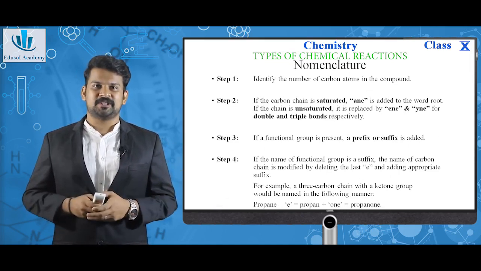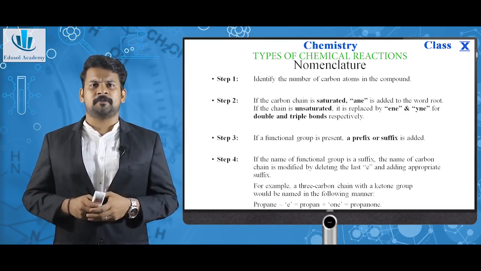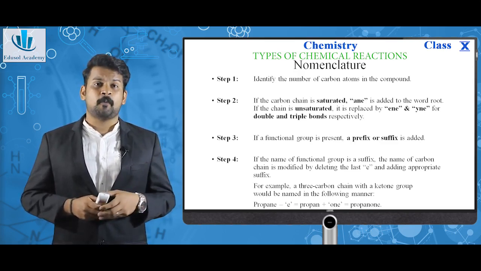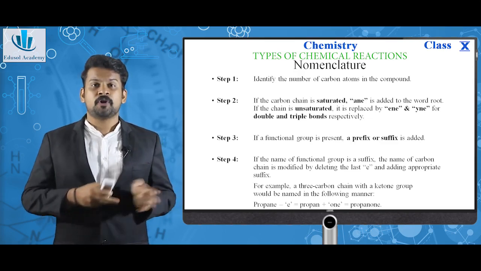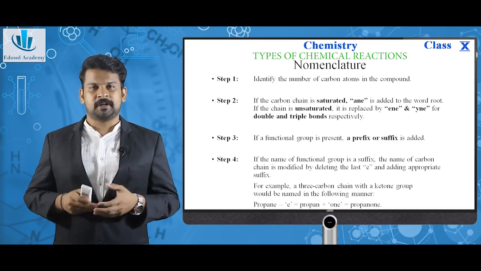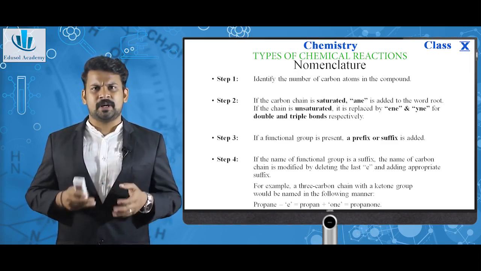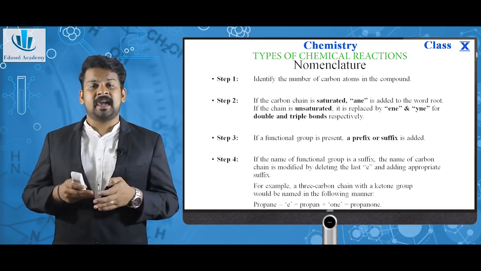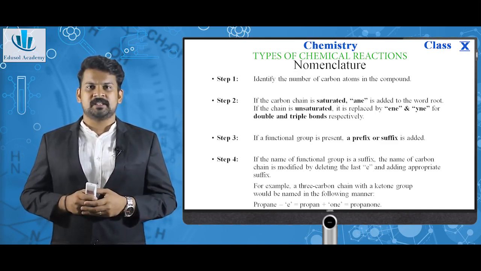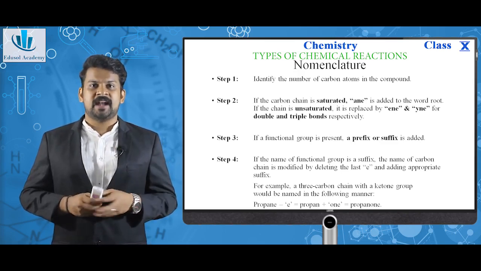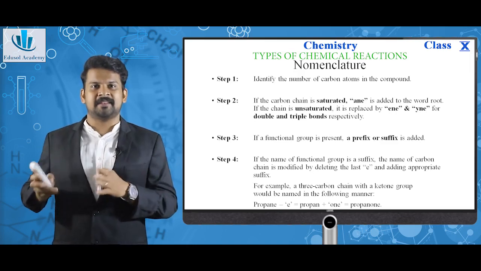Next, nomenclature. The different steps involving nomenclature of the carbon compounds are: Step 1. Identify the number of carbon atoms in the compound. We already discussed the word roots for different numbers of carbon atoms. Step 2. If the carbon chain is saturated, 'ane', as in alkanes, is added to the word root, which means if there are 2 carbon atoms and it is saturated, the compound will be eth-ane, which is ethane.